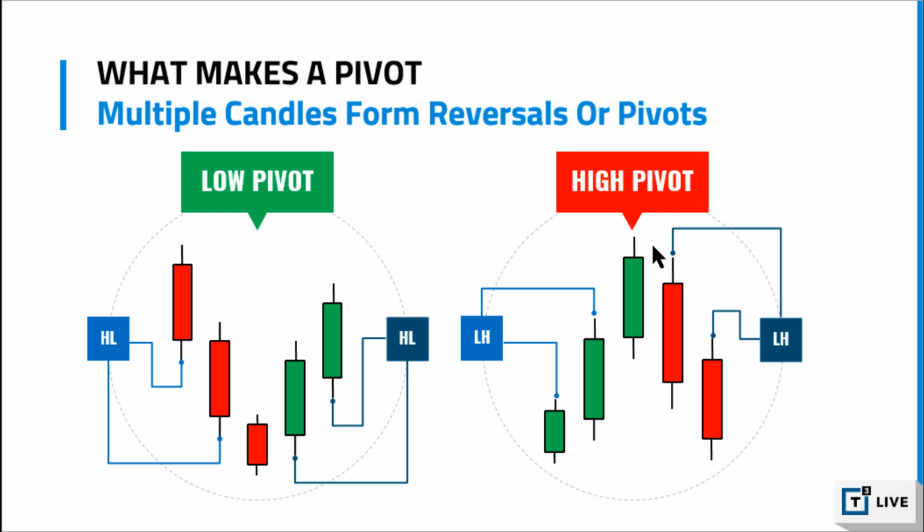And that's called a high pivot, or we just say pivot high, pivot low. A low pivot forms by having a higher low on either side of a candle. If you have a higher low on either side of a candle, you get a pivot. If you have a lower high on either side of a candle, you get a high pivot. Does that make sense? It's really simple.